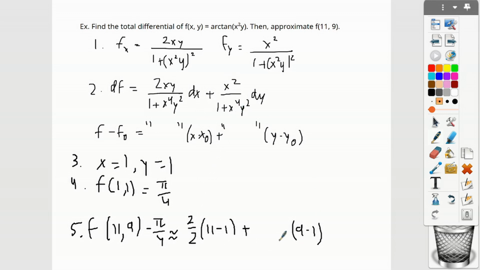And if we put 1 in here, we'll have 1/2. So f of 11 comma 9 is approximately equal to pi over 4 plus 10 plus 4, which is 14 plus pi over 4.